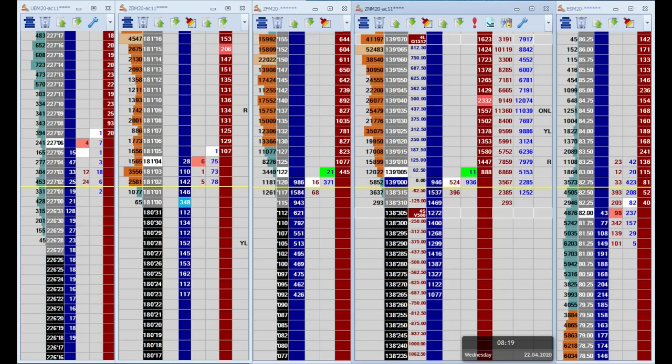So nothing real fancy about this, just kind of watching all these other products as the Ultra Bond goes up higher, 30-year up higher, 5-year. Everybody's just sort of trading back up, so it's all good. I'll go ahead and fast forward until we get to the part where I cover the trade.